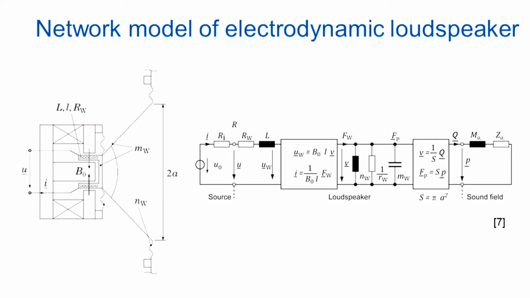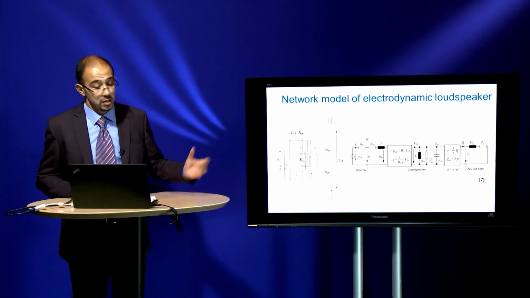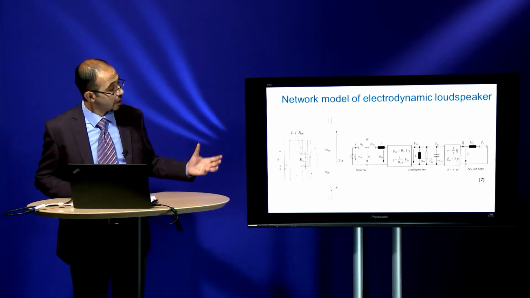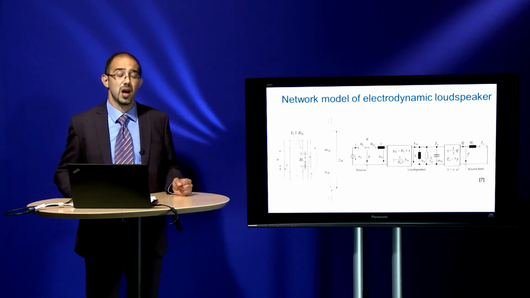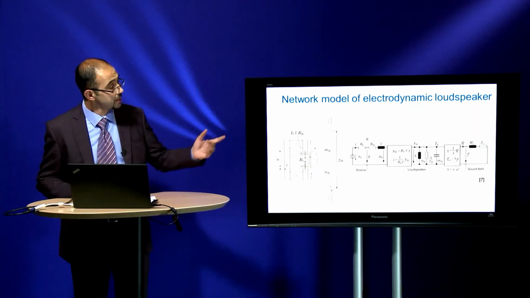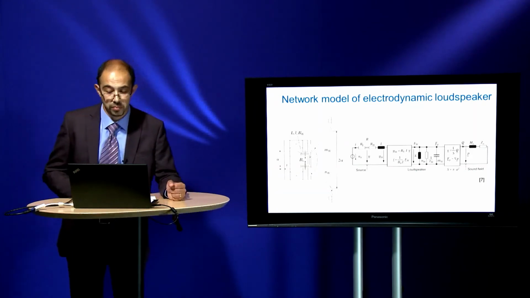We also have damping in the system, and we should think about it. And also, the spring properties of the surround and the spider are quite important, and we should also model them.